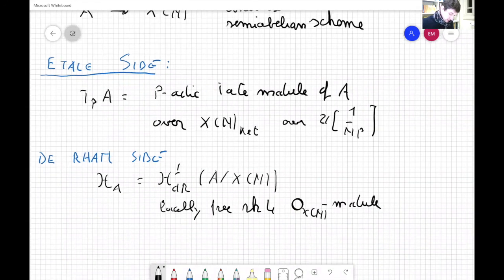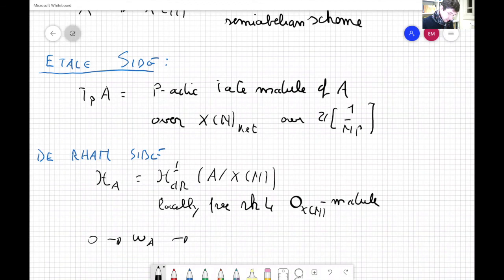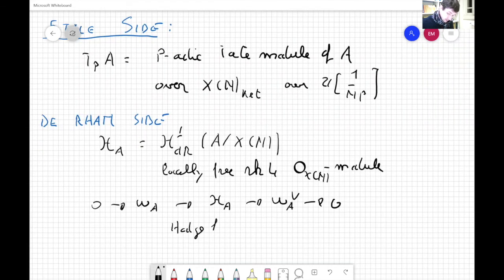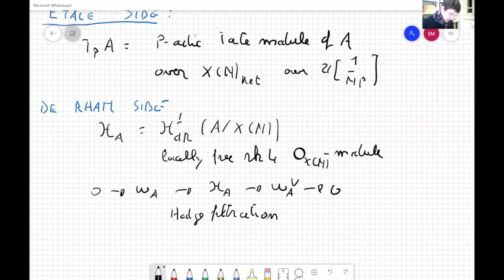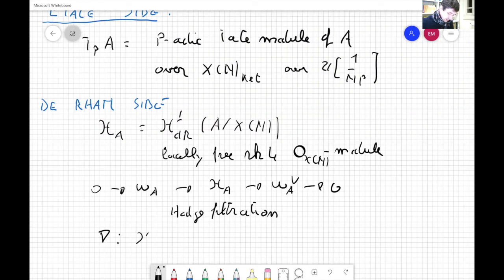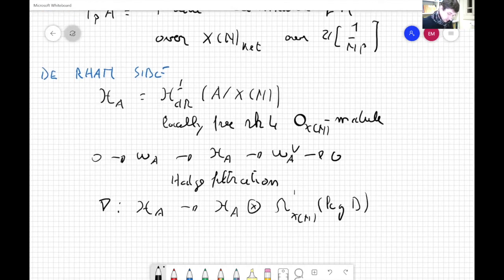It comes with a Hodge filtration and it has a connection. Since things at the cusps might go wrong, I have to add log poles along the boundary divisor in order to have a connection. So this is the Gauss-Manin.